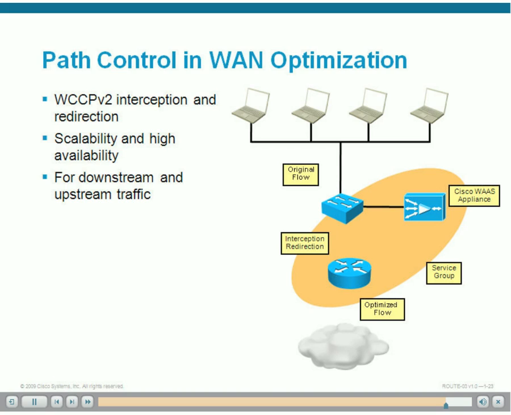You will also see technologies such as WCCP, the Web Cache Communications Protocol, performing a similar function, which is to have routers redirect normal traffic flows into the WAAS devices, allowing them to implement a series of data reduction, flow optimization, and application acceleration services, and then have them route the flows back into their normal path across the WAN. With data center consolidation trends on the rise, this type of path control requirement is becoming common in branch office scenarios.